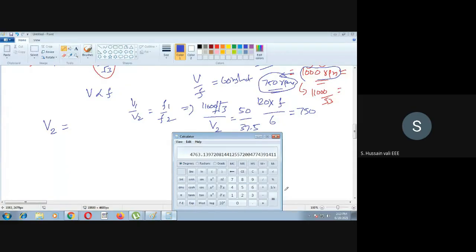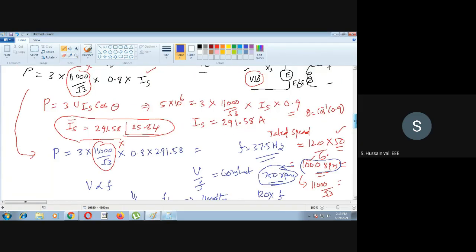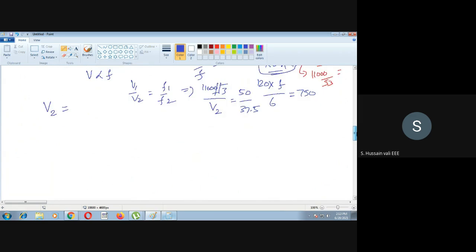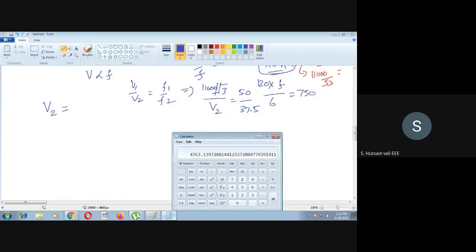Yeah, we got different answers. So we should be very careful here while we take root 3. You should take the entire root 3. Don't restrict yourself to some rounded value. So what is the answer we got here now?